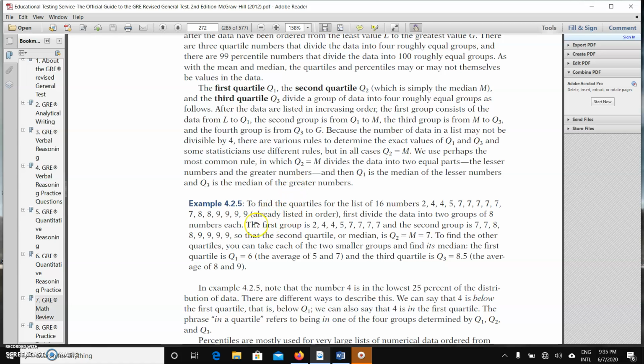What's the middle of 16? It's 8. So 1, 2, 3, 4, 5, 6, 7, 8. This is the position for the middle. Then we have another 8 here.